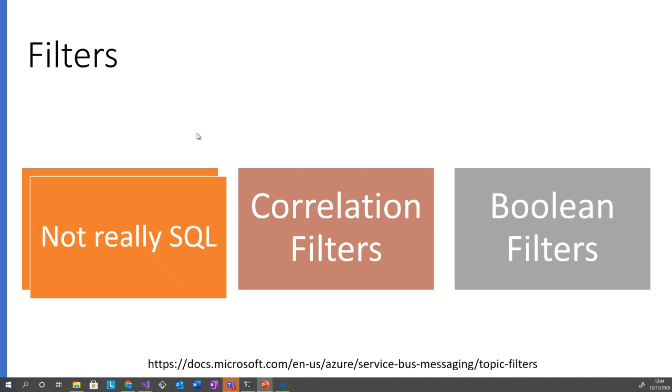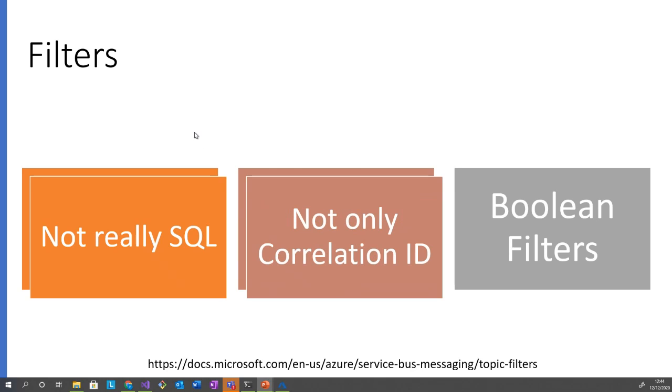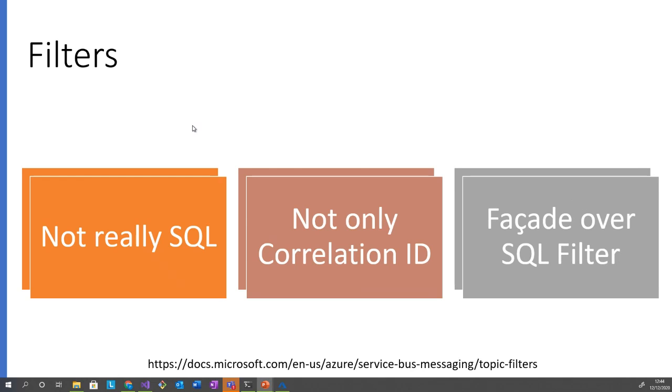But you can essentially filter message properties in a SQL-like syntax. The correlation ID filter isn't only for correlation ID. You can use it for other things. Boolean filters are a facade over the SQL filter, so it's basically a way of having a SQL filter that just applies to a Boolean value.